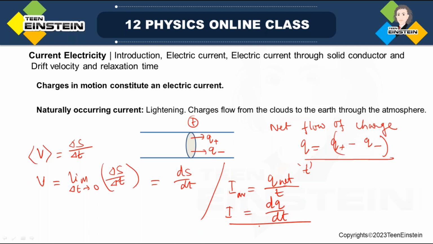The unit of dq by dt or q by t: q is in SI unit coulomb, so coulomb per second. This is written as ampere, denoted by capital A or small amp. So the unit is ampere.